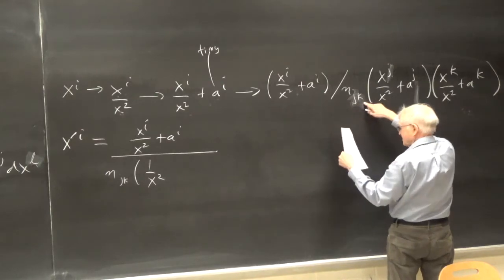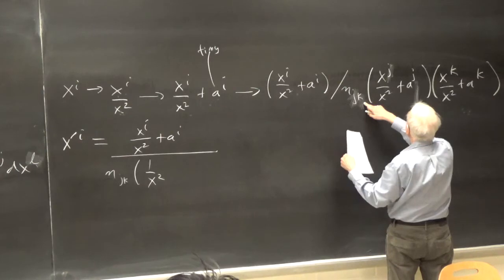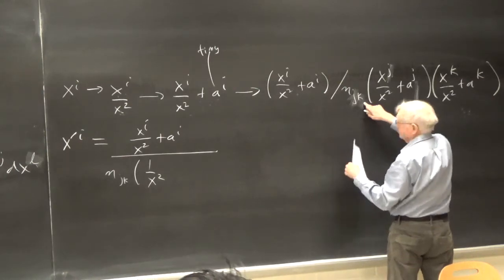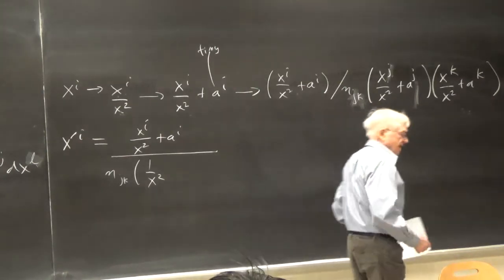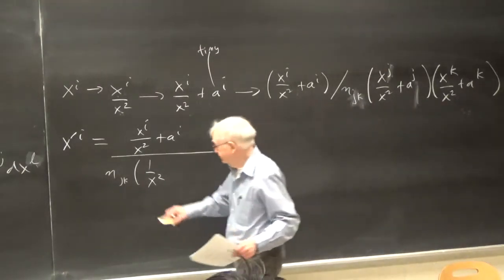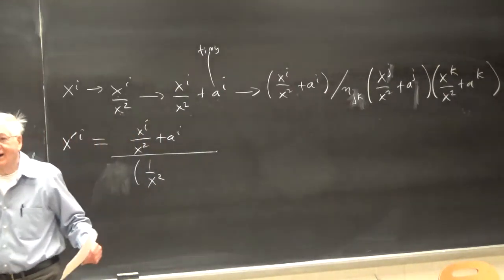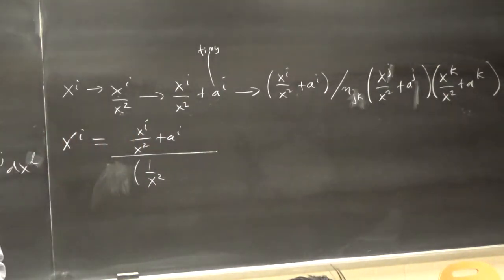Why is there still an eta jk there? I think that's a mistake, actually. Yeah, that's a mistake. Hold on, there's a typo here. I would imagine the A to JK is cool because if A is equal to 0, then this is just the identity map, right?